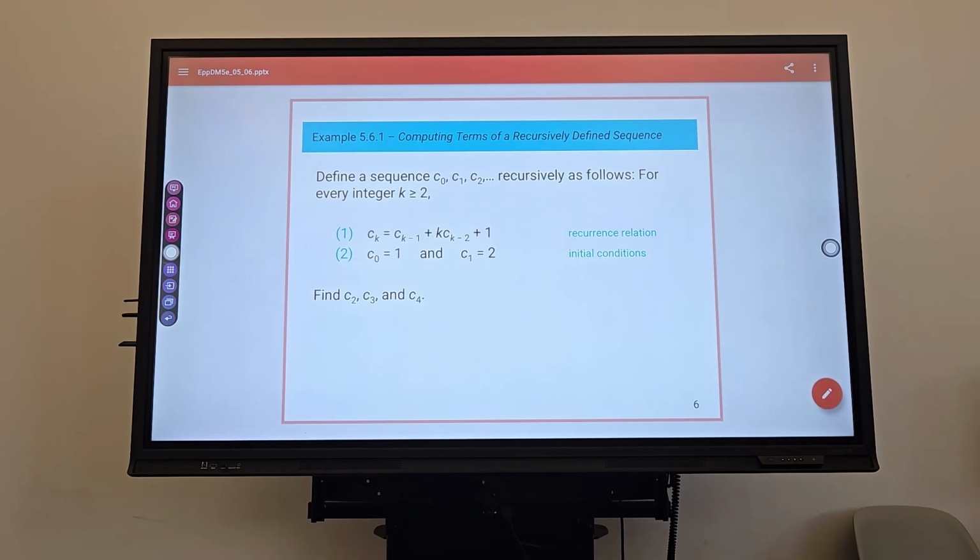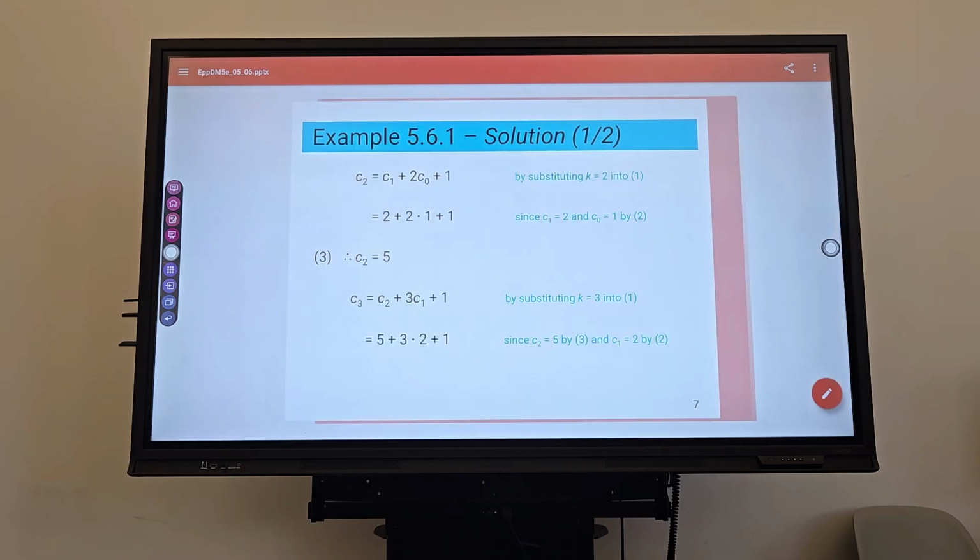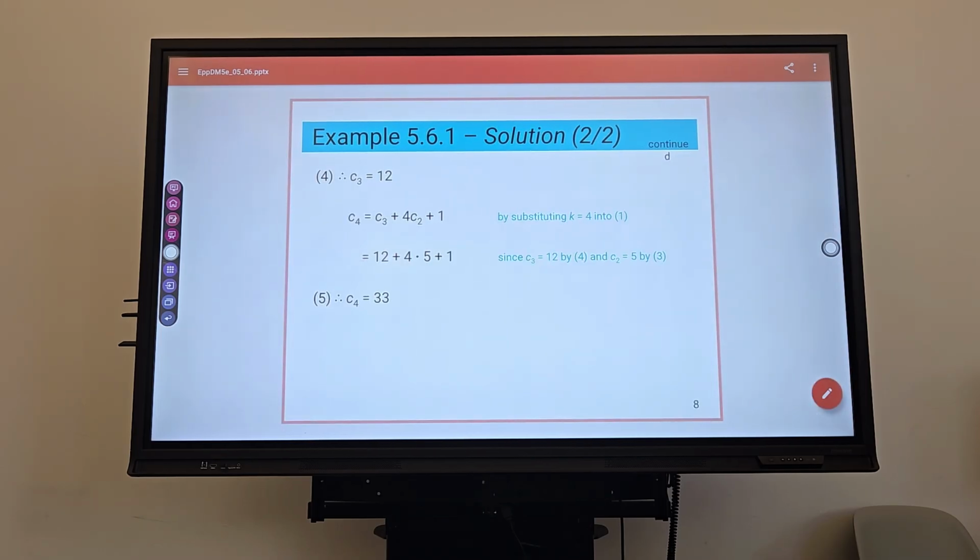So, would that be 2 plus 2 times 1, 4, 5? So it would be 5 for C sub 2. Yeah. And you can substitute for k equals 3 and k equals 4 here as well.